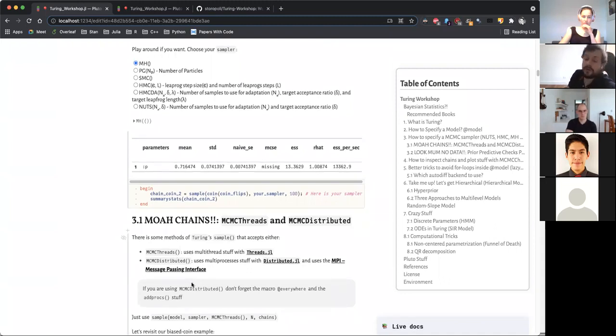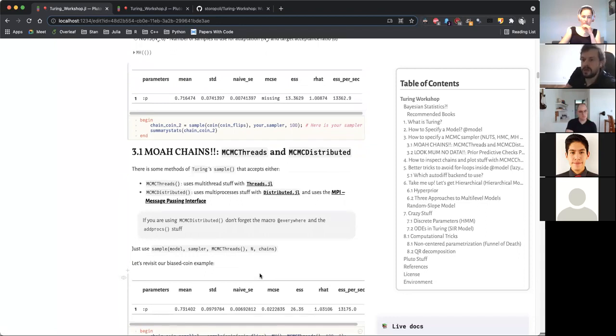And if you are using MCMCDistributed, don't forget to use the @everywhere macro, and also the addprocs stuff that you can find in the documentation for Distributed.jl in Julia. And what you do, it's just another method of sample. I have sample, a model, that's a Turing model with the whole parameters.